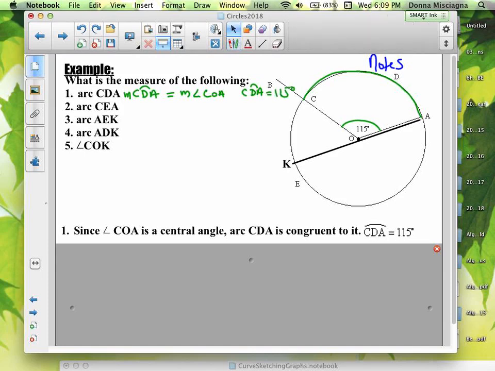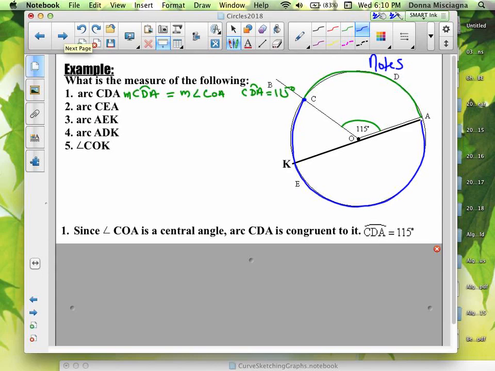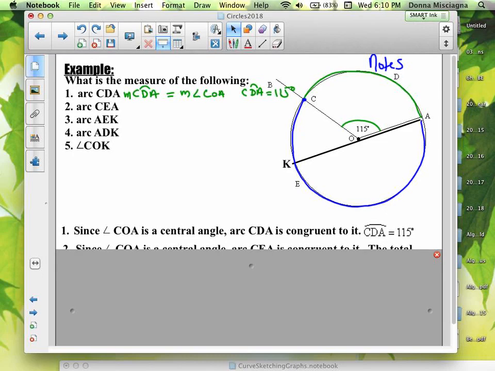All right, arc CEA. So CEA is right here. Starts at C, goes through E. Notice E's right there. And keeps on going till it gets to A. Well, if you notice, the green and the blue make up the entire circle there. So whatever isn't arc CDA must be arc CEA, right?